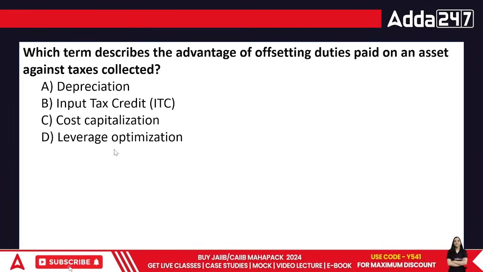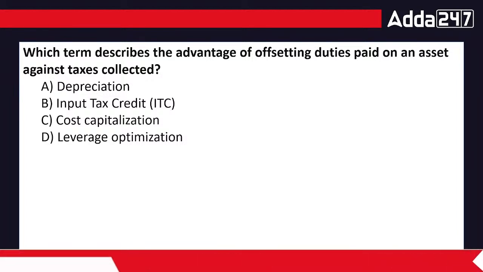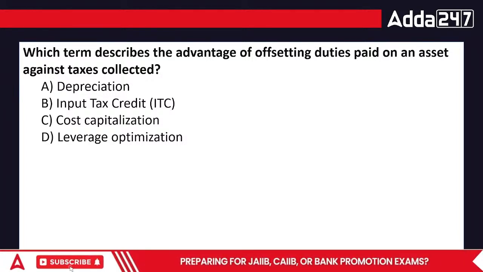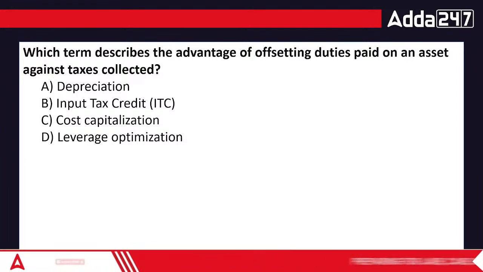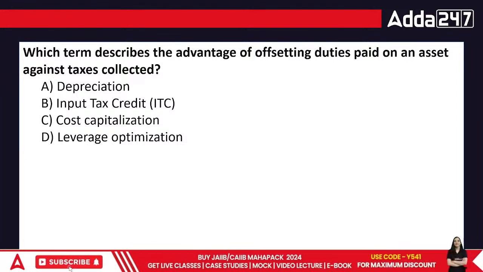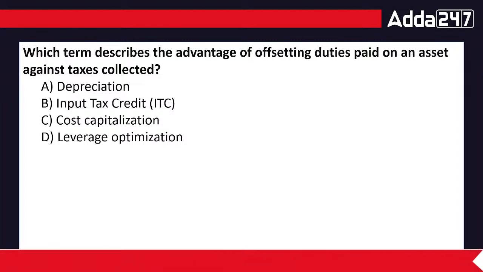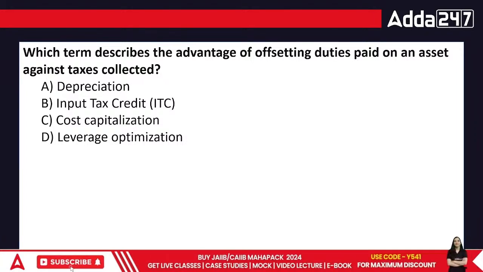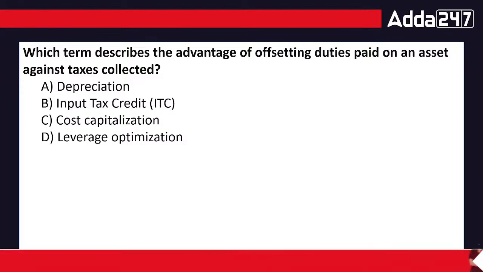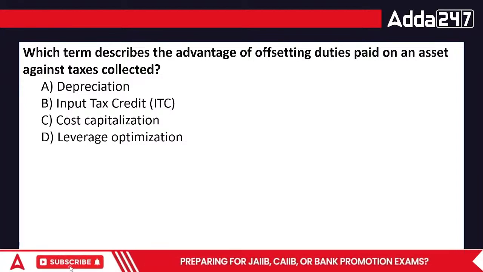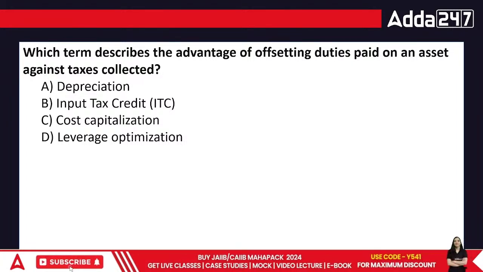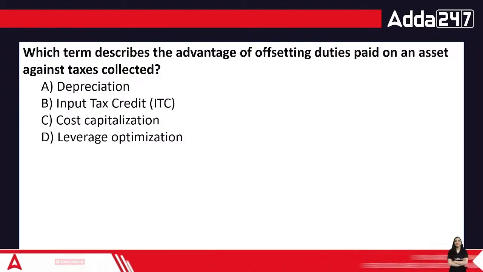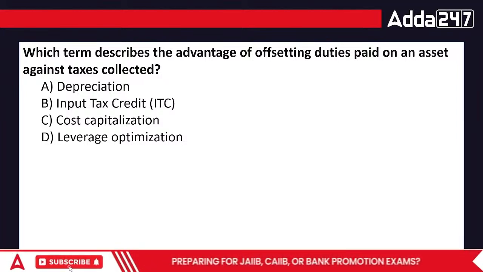Next point, which term describes the advantage of offsetting duties paid on asset against the tax collected? Offsetting means something which we would have paid, something which we were supposed to pay, है ना? That is offsetting na. Where do we have this thing? Depreciation. Depreciation is a non-cash expense.